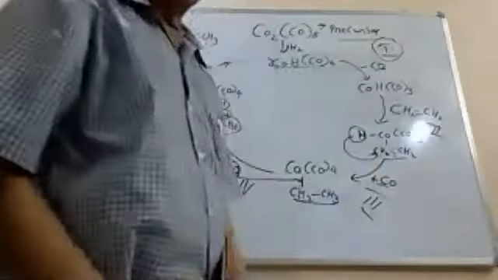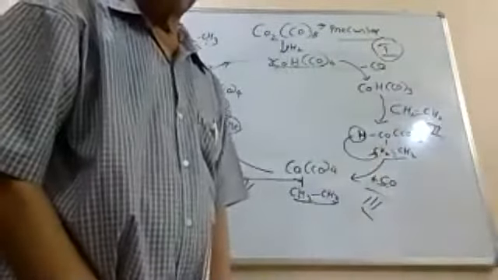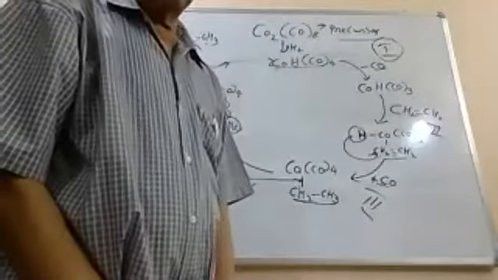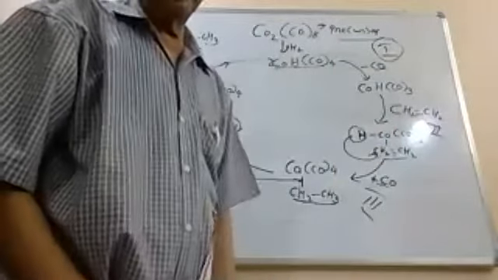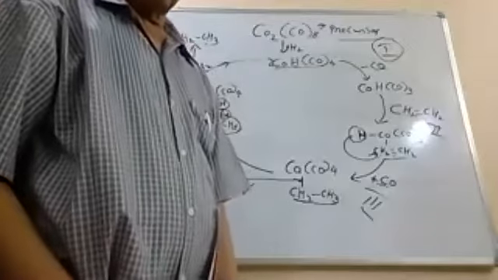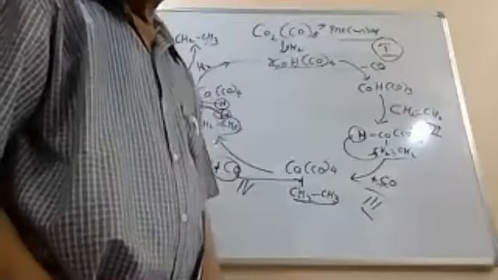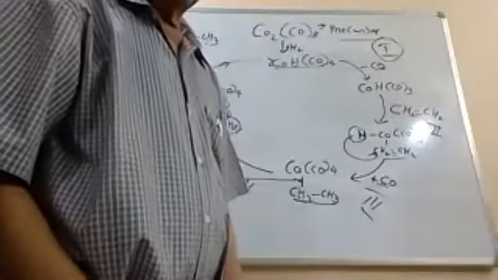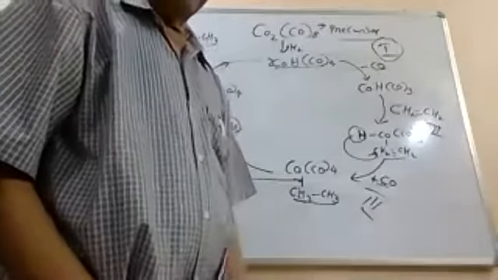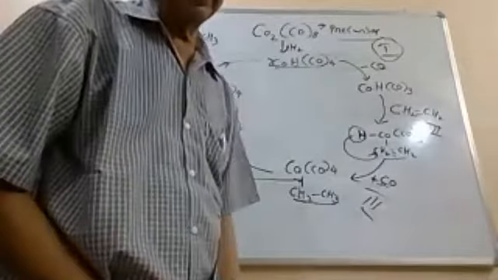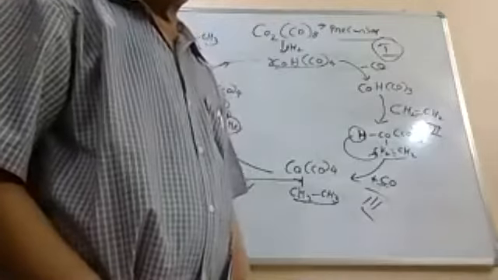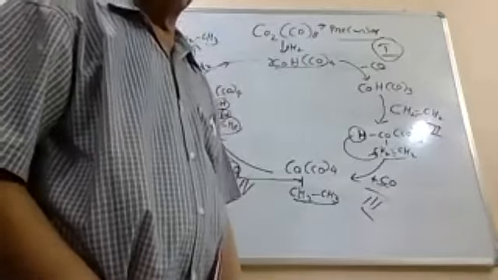So what do you classify the first step as? Given 5 choices, you need to pick a choice. Remember in my notes, if you go back, what did we say about the very first step in the homogeneously catalyzed processes?